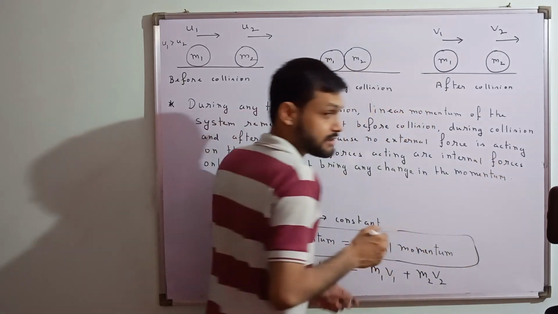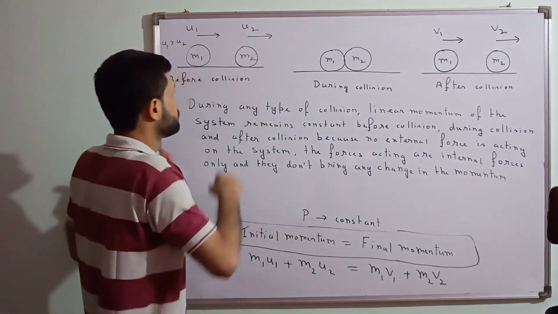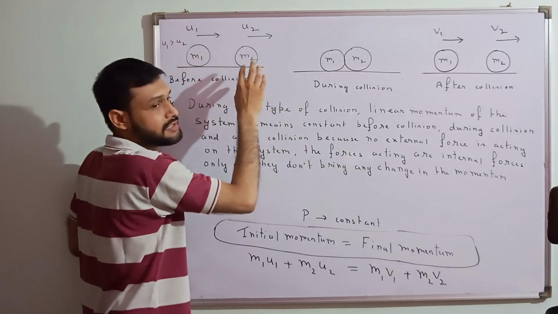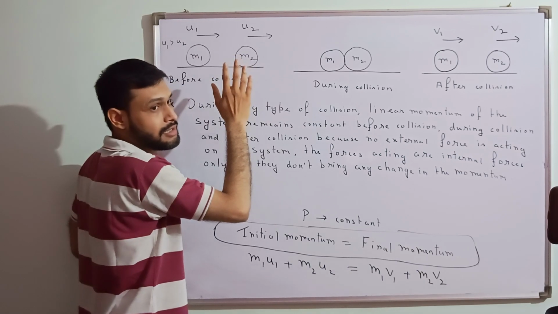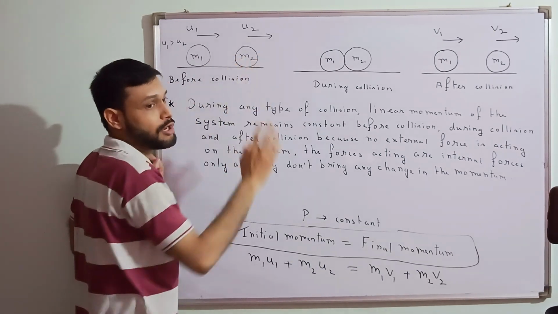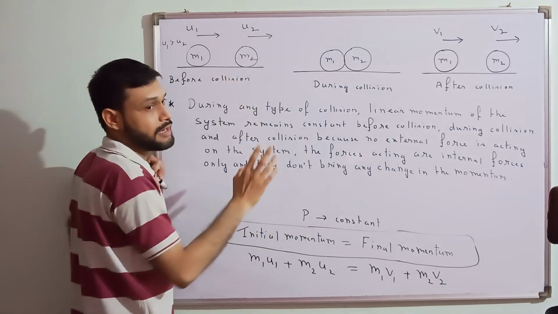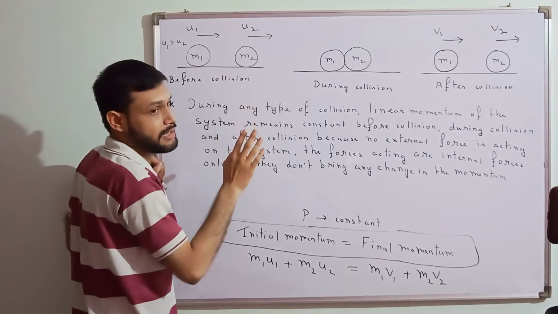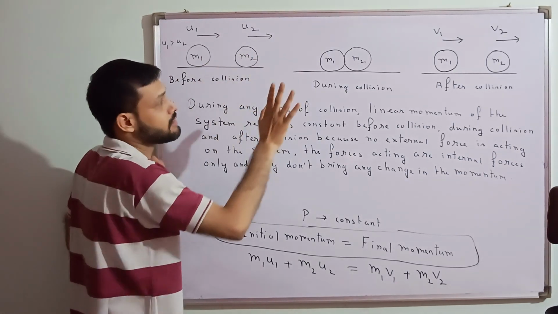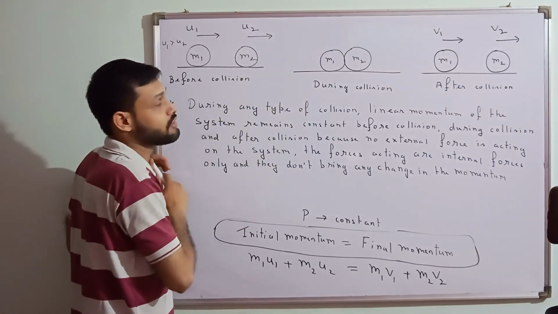And now one more thing. If they ask you about the momentum of, let's say, a system of 2 body particles, or 3 body particles, 4 body particles, or n number of particles, a system of any number of particles. We are taking a 2 body system here just to make it simple and to understand the basic concept.